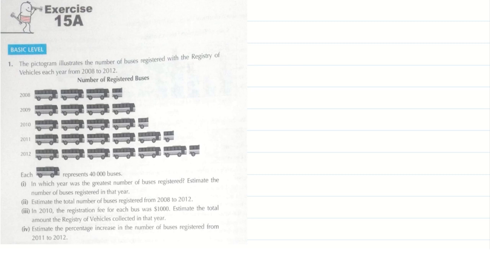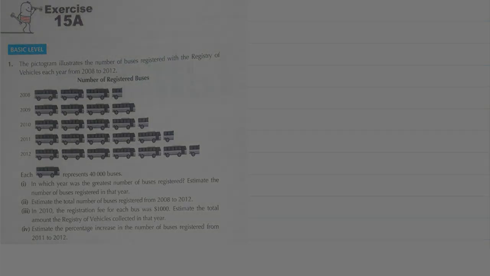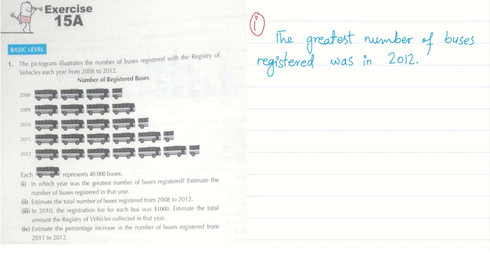As we can see, in 2012 the number of buses registered is 1, 2, 3, 4, 5, 6 and a half. So in part 1, the greatest number of buses was registered in 2012, and let's find out the number of buses registered in that year.